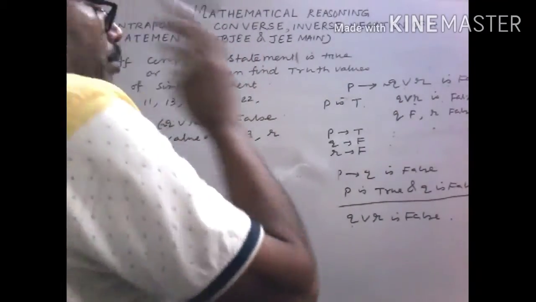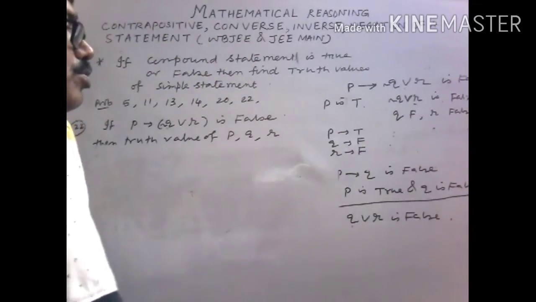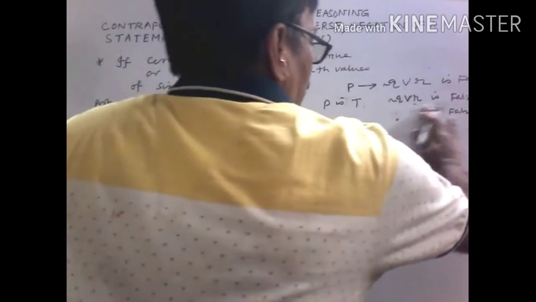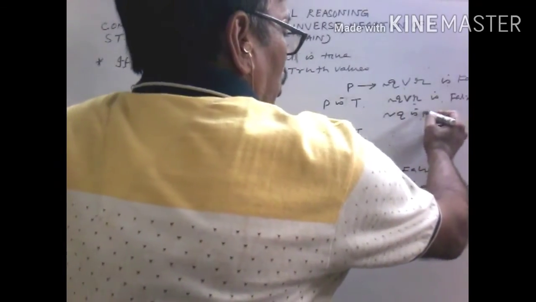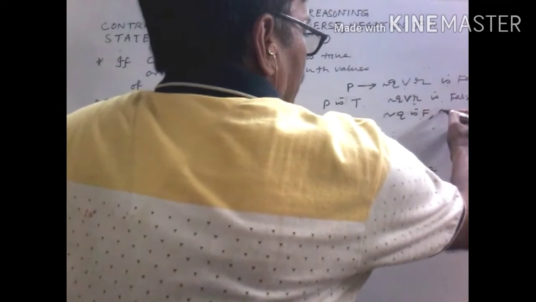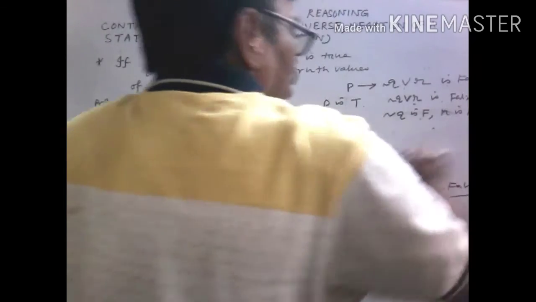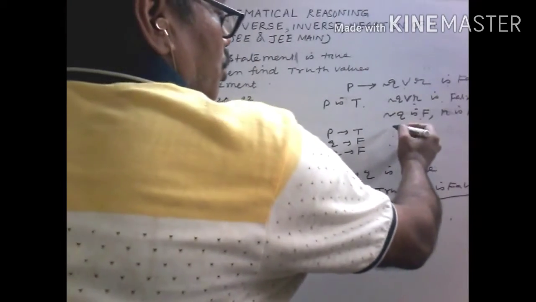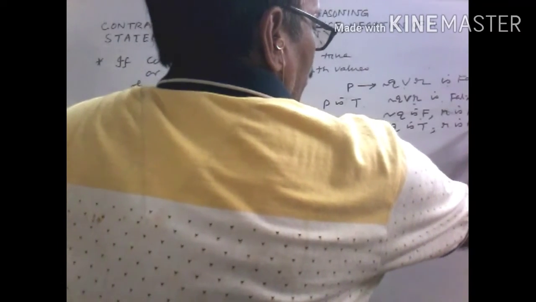From the truth table, P is true, and the disjunction is false when negation Q is false and R is false. So negation Q is false, so Q is true, and R is false.